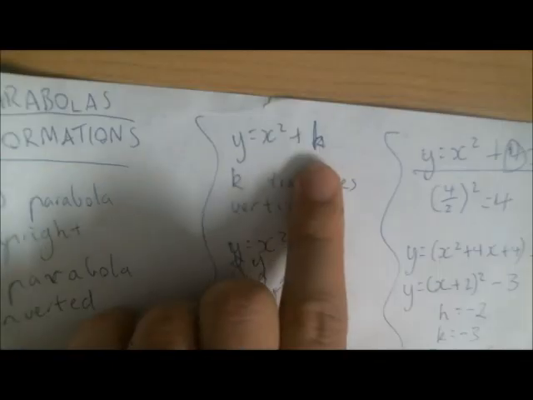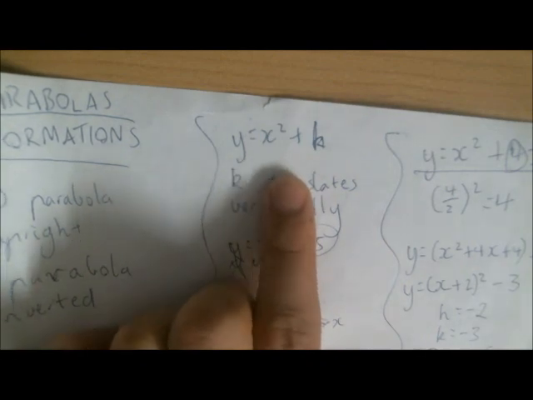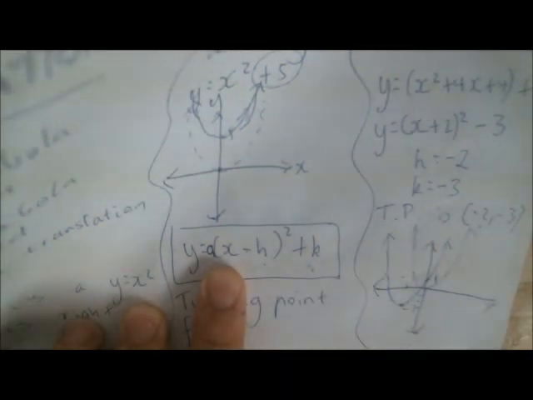When you have a number outside, or without brackets, it translates vertically, so up and down. And when you have a combination of both, so an x minus something squared plus something on the outside, it's going to translate left and right and up and down. And it should look like this.